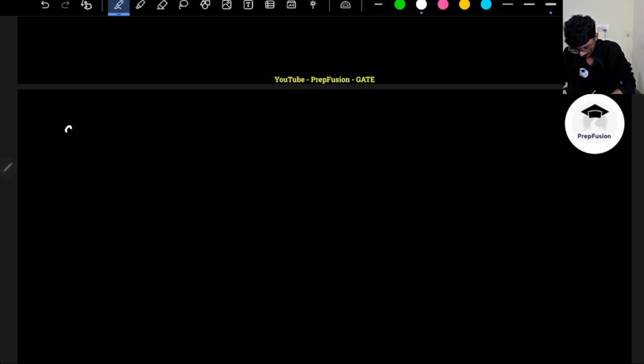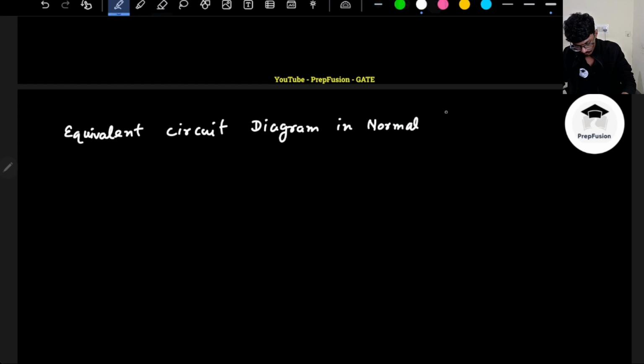Equivalent circuit diagram in normal operating condition.